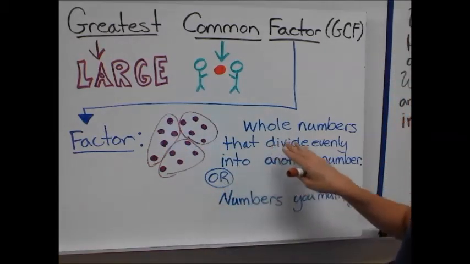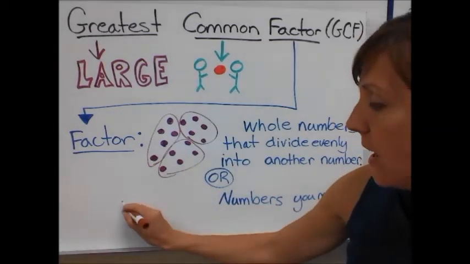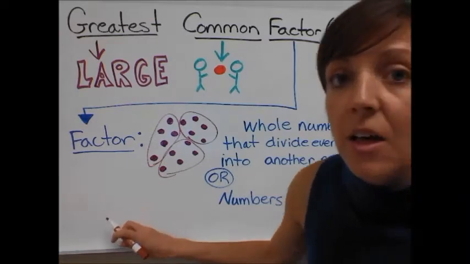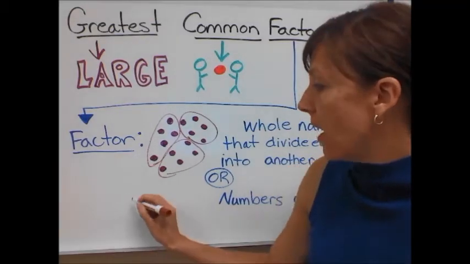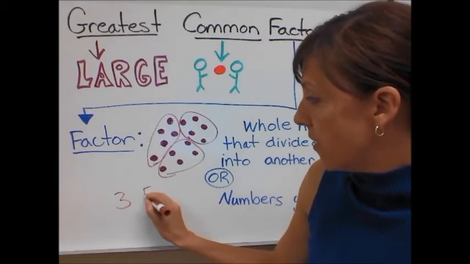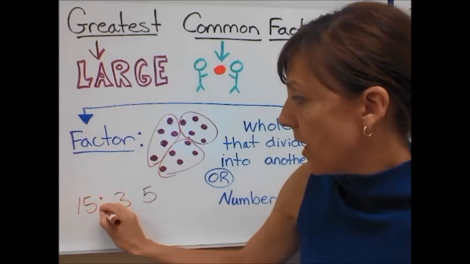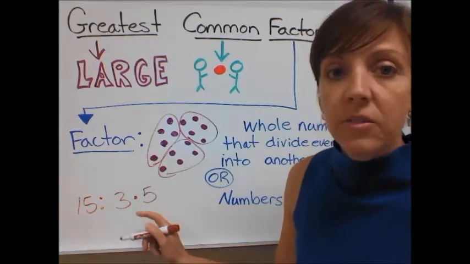So, whole numbers that divide evenly into another number. Well, we just took 15 and divided it by 3 and by 5. So 3 and 5 are factors of 15 because I can multiply them to get 15.